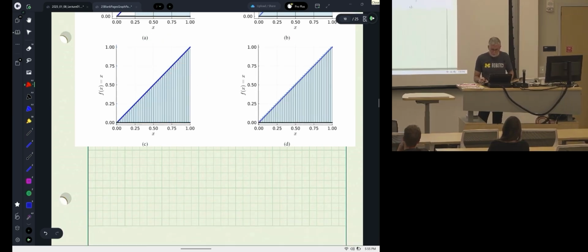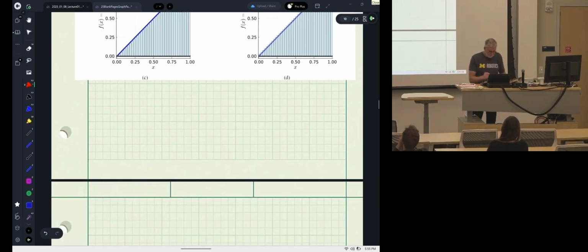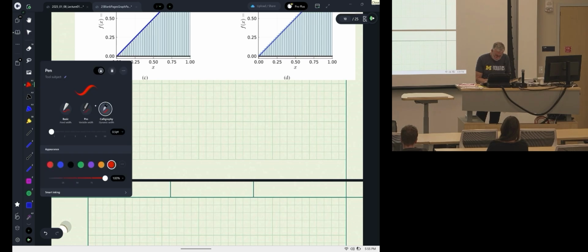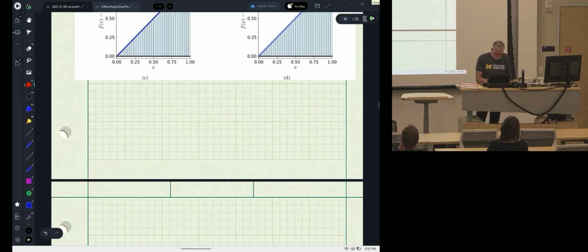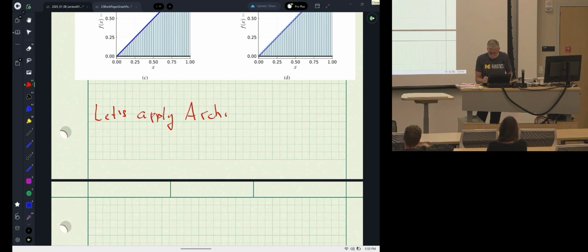Very good. So let's apply this 2,200 year old principle of Archimedes to compute the area.